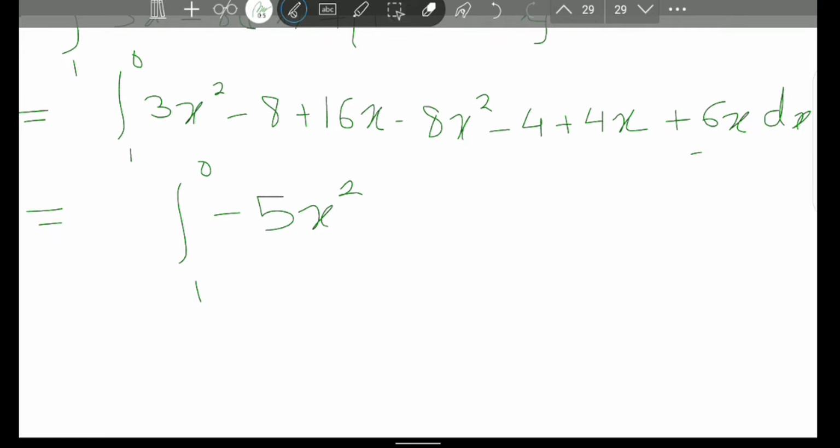Then we have 6x plus 4x is 10x, 10x plus 16x is 26x, so plus 26x. We are done with x square and x, and we are left with minus 4 and minus 8, that's equal to minus 12 dx.